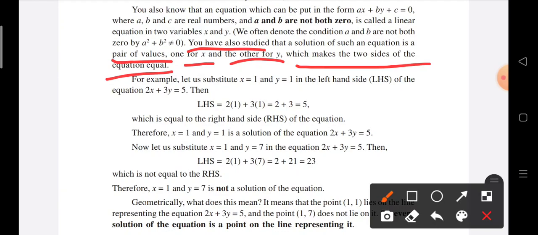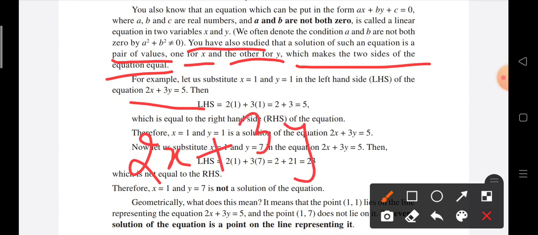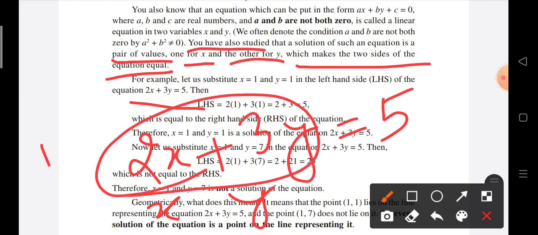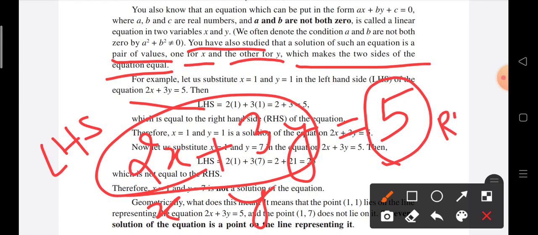The equation is 2x plus 3y is equal to 5. If we place the values of x and y on the left hand side, it will give a value equal to the right hand side.